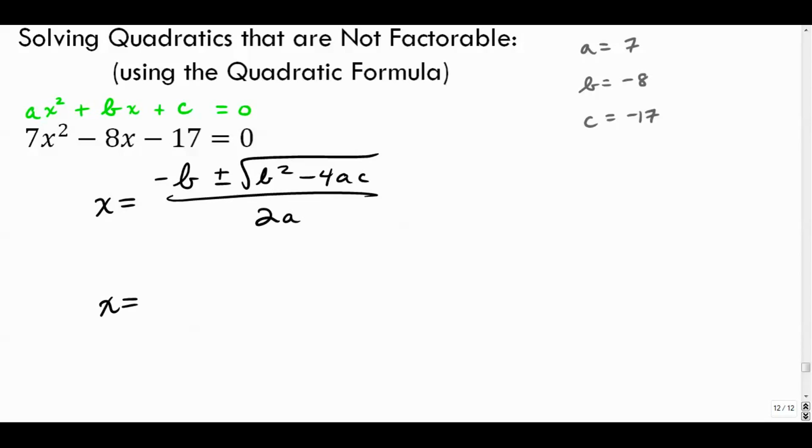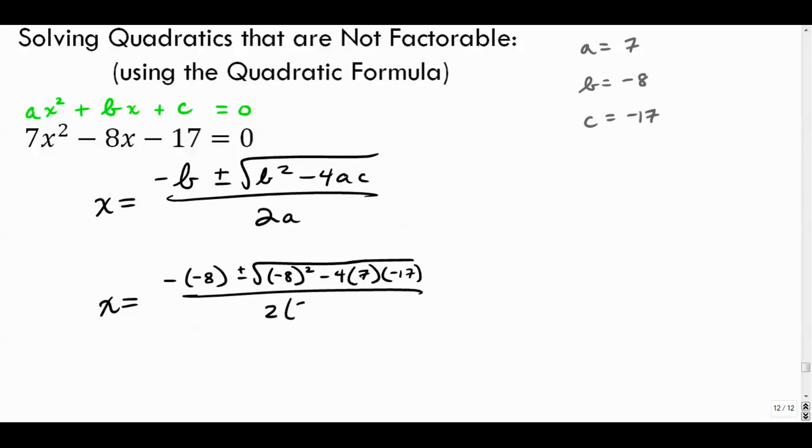So our solution is negative b, which is actually positive 8, plus or minus the square root of b squared, so it's negative 8 squared, minus 4 times a times c, all over 2 times a. And we just clean it up.